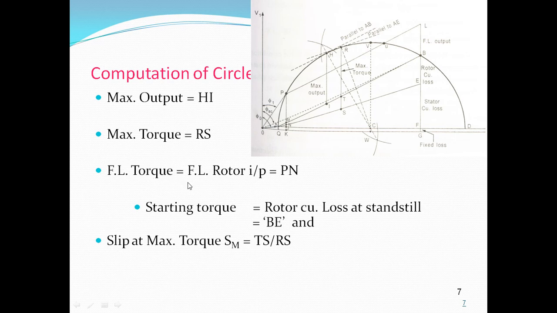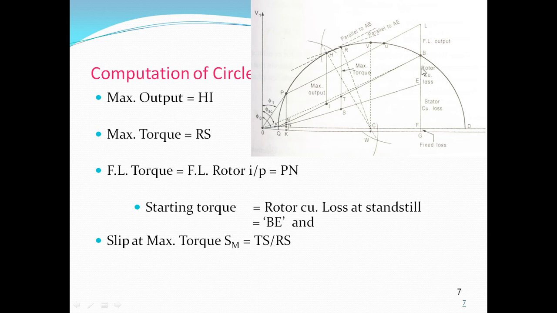Similarly, full load torque is equal to PN. Measure PN, that is from P to N on the torque line. That gives the full load torque. And if you require the starting torque, that is BC, rotor copper loss, measure this one.